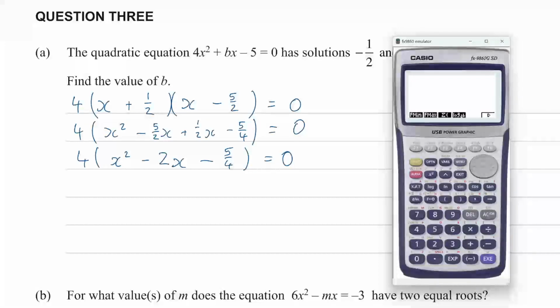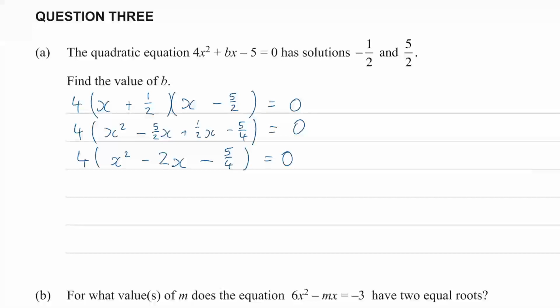So that's minus 5 over 2 plus a half, which is 0.5, which gives us minus 2. Great, and now let's distribute the 4. So 4x squared minus 8x, 4 times negative 5 over 4 is negative 5.